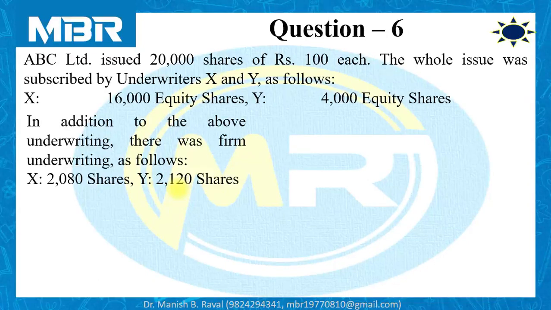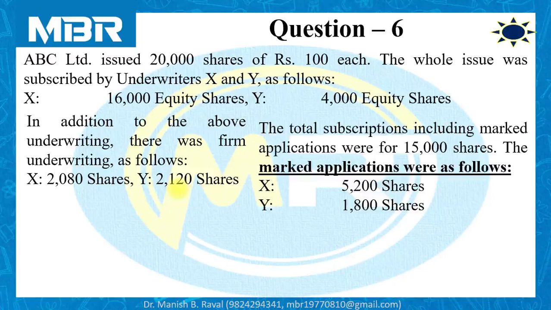That is for sure. The total subscriptions including marked applications were for 15,000 shares. Total number of applications received by the company is for 15,000 shares, out of which marked applications for underwriter X is 5,200 shares and Y 1,800 shares.